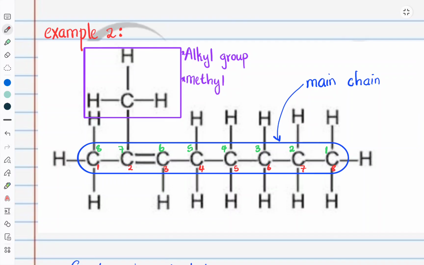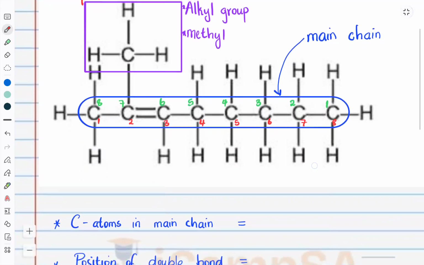We must number from the side that is nearest to the double bond, always for alkenes. The double bond takes preference. So I see that it would be on carbon number 2. Whereas if I were to do it from right to left, it would be number 7. So I don't need that. I'll use from left to right. That's my numbering.